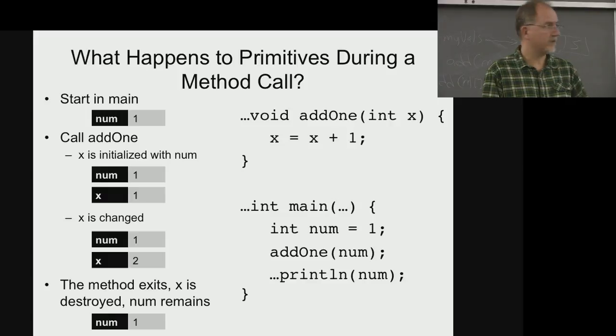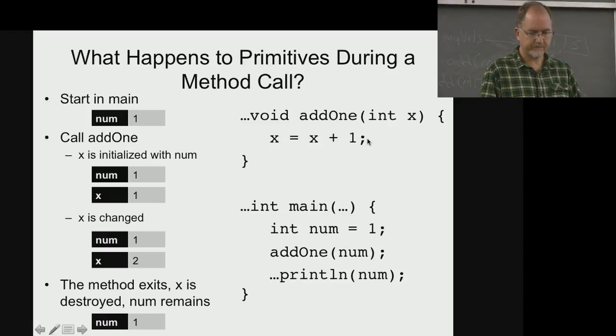The 1 is shared. Those are not the same variables in memory. I do my operation on x equals x plus 1. It changes that to a 2. And then when I leave scope, x goes away, and num is still 1. So here I'm passing a primitive to a method. I'm doing something to that parameter, but the changes in it do not propagate outside of the method because I'm still passing a value, the value 1 here, and initializing x with that value 1.